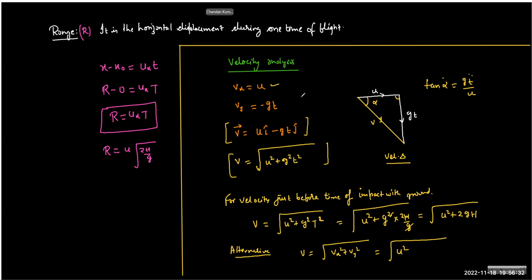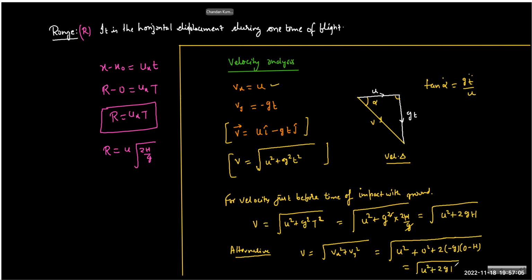And vy square equals to uy square plus 2ay into y. So this is uy square, and then ay, which is minus g, and then y minus y naught, which is 0 minus h. So if you apply the formula directly here, you will also get the same relation.